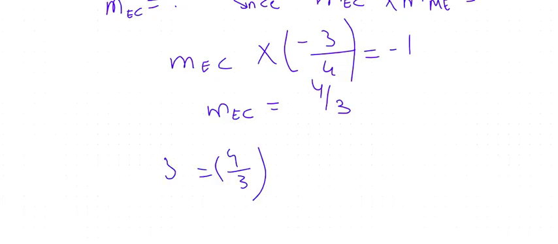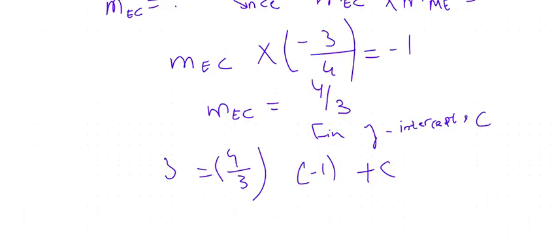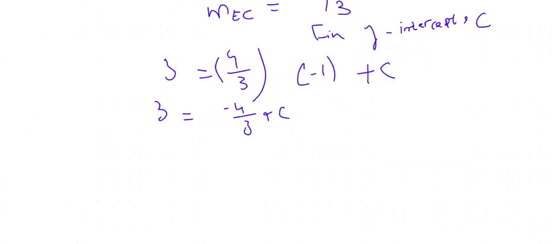I'm going to simplify the equation to get the value of c: c equals 3 plus 4 by 3, which is 9 plus 4 by 3, equals 13 by 3.